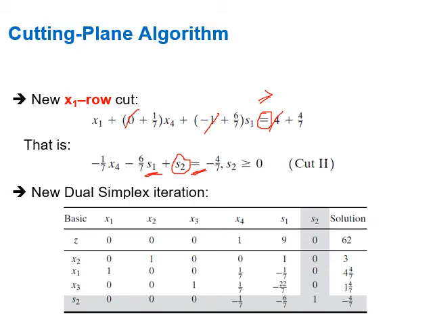And also, when we add this to our optimal tableau, you see originally in this problem we had only 2 constraints. In the previous step we included one more constraint, and in this step we are including a new constraint. So at each step the number of constraints increases, and the tableau expands by adding one row for a cut and one coefficient, one slack variable. Okay.